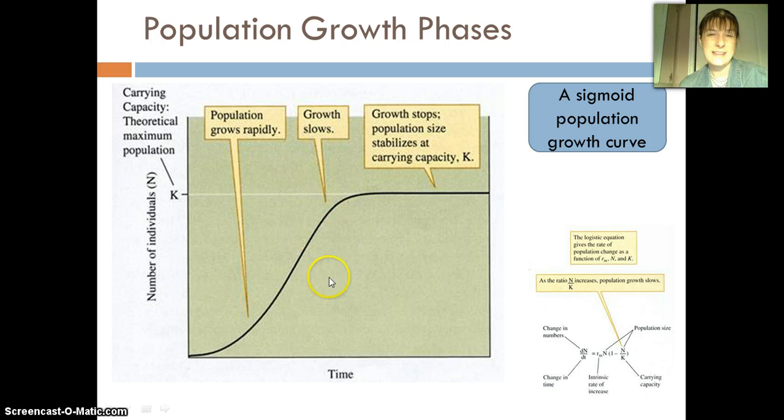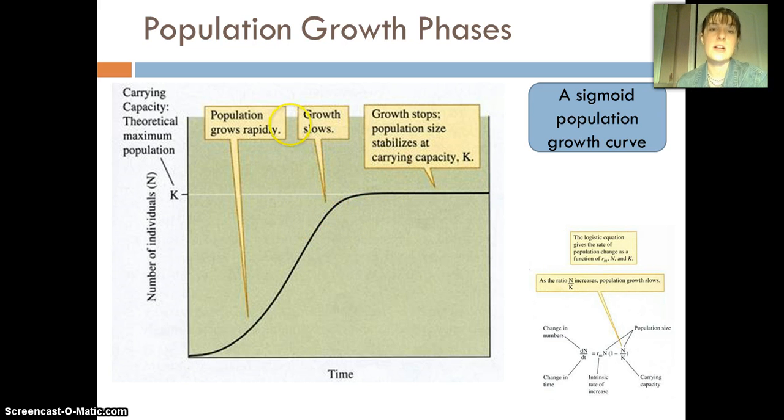After a time, we're going to get into phase 2. Phase 2 is called the transitional phase, and that's when growth of that population is going to stop. This is when they're starting to run out of resources, or there's some competition limiting the population, or possibly there is too much poop accumulating.